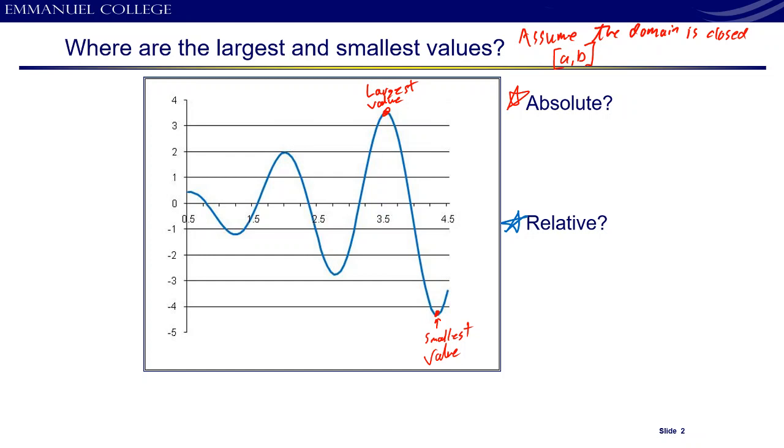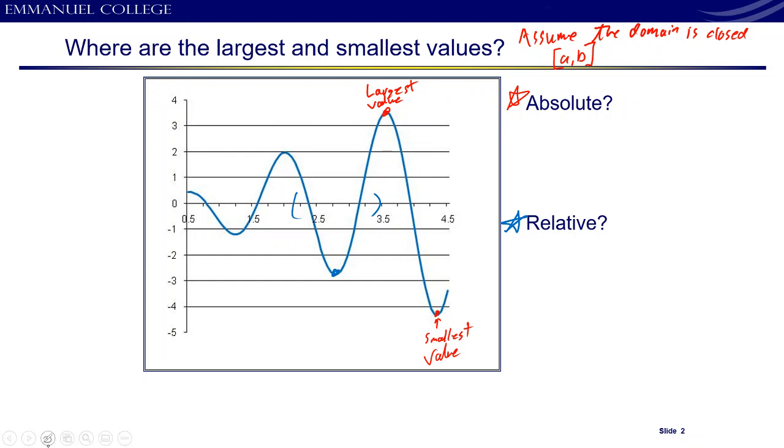So a relative minimum would technically be here, because what you want to do is think of the idea of, if I were to take an open interval, so like if I went from here to here, this point's now the smallest point in that interval.